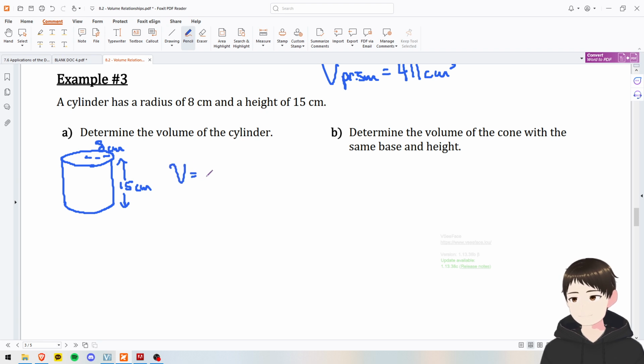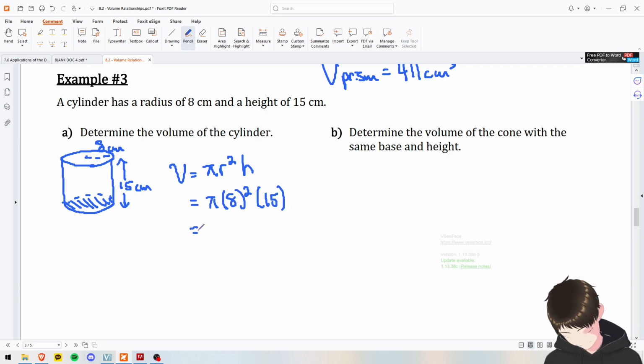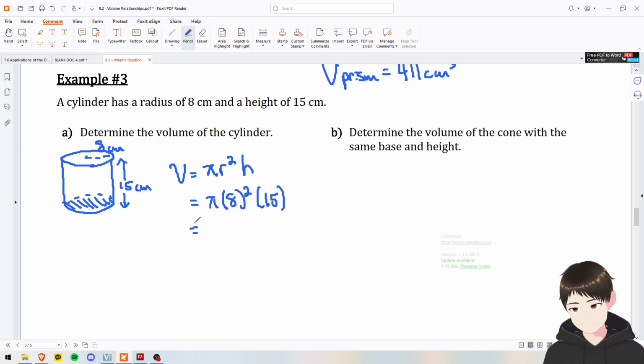By formula, the volume is the area of the face multiplied by how high it is, which is pi r squared height. 3.14 times 8 times 8 times 15.